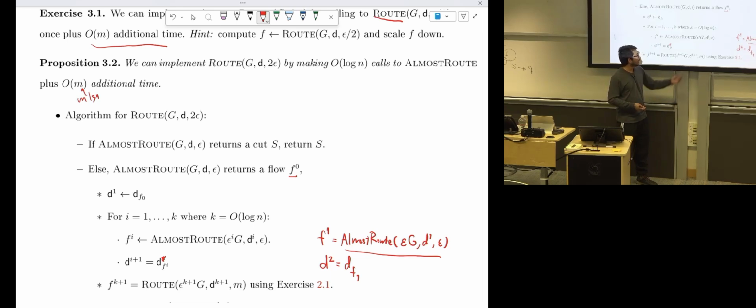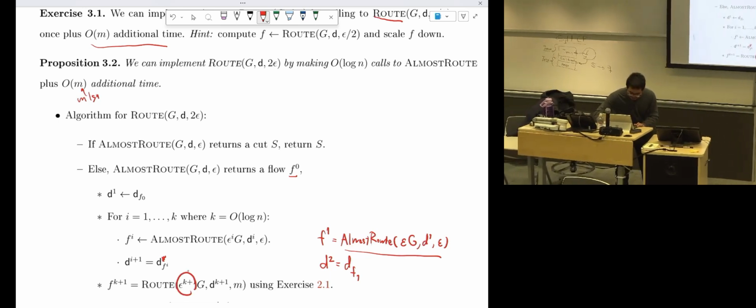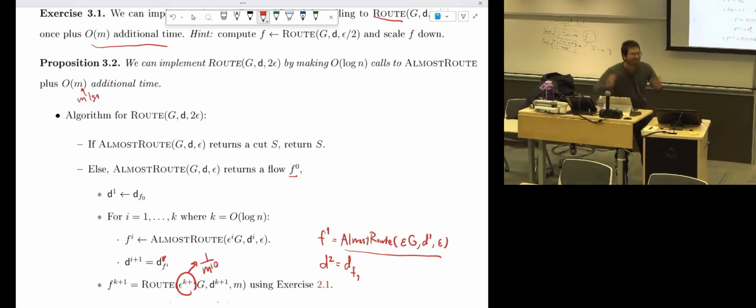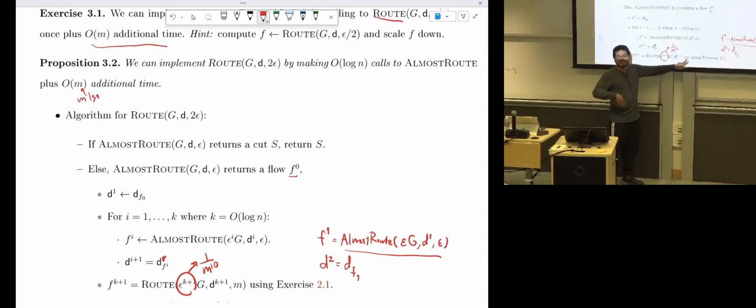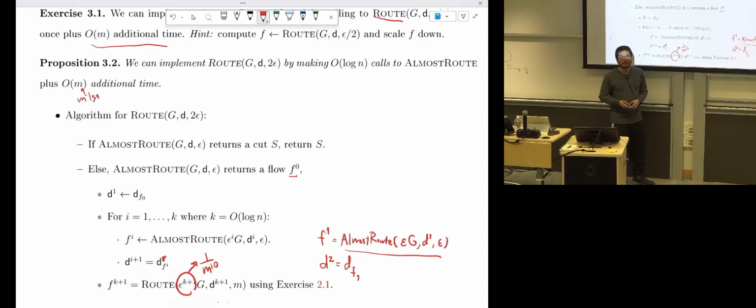So we're just going to route this residual demand in this graph, which we know can be routed with congestion epsilon to the k plus 1, and we can now route with big congestion, like m here. This is going to be something like 1 over m to the 10 or something. It's super tiny, so even if we pay congestion a bit more by m, it doesn't matter anymore.